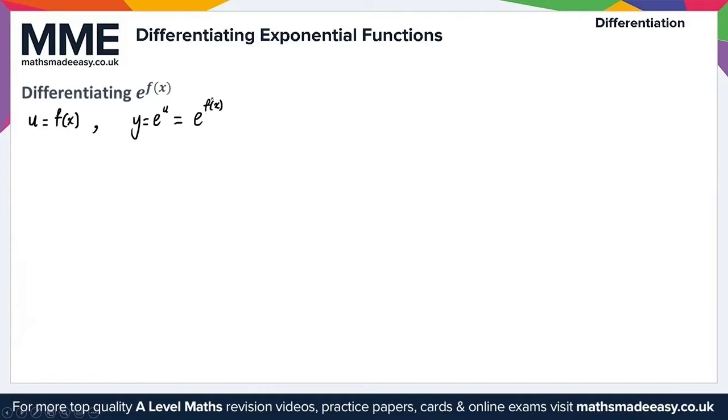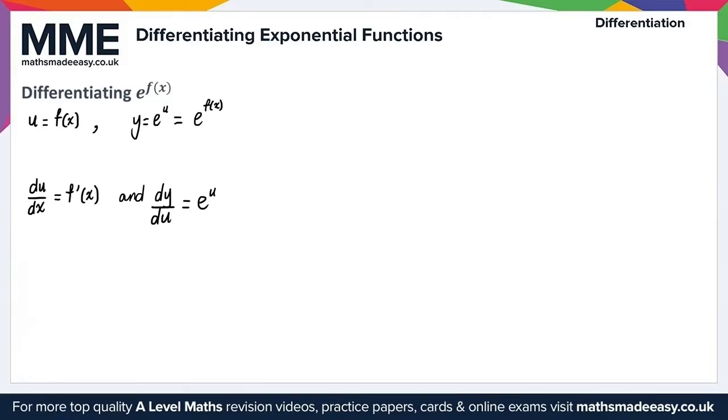Well, in that case, du by dx is simply going to be f prime of x, just differentiating u with respect to x. And dy by du would give us e to the u.